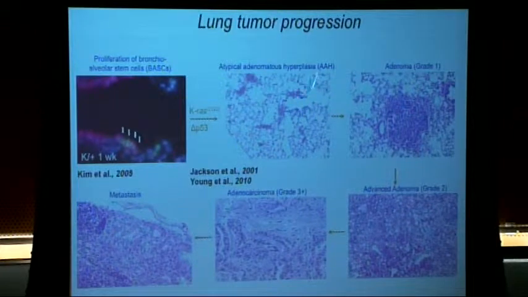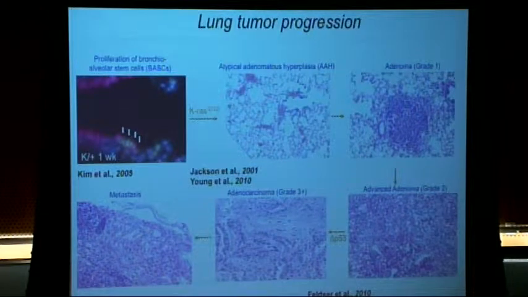Now, the mutations occur at the same time at the beginning, activation of RAS and inactivation of p53. We actually believe that the p53 mutation is irrelevant up until this point here. Plus or minus p53, you mostly make the same type of tumor. It's relevant here in the transition from an adenoma, a benign tumor, to an adenocarcinoma, a malignant tumor. So we actually believe that p53 is regulating this transition.